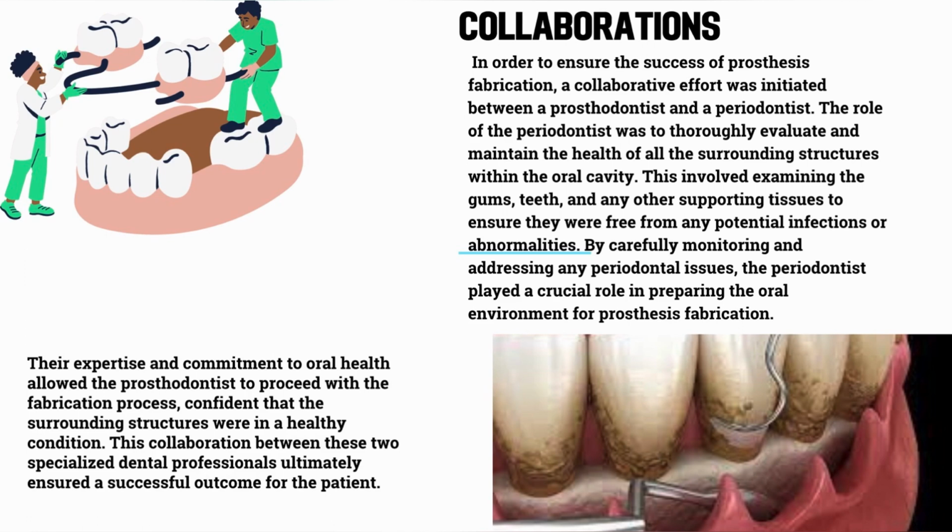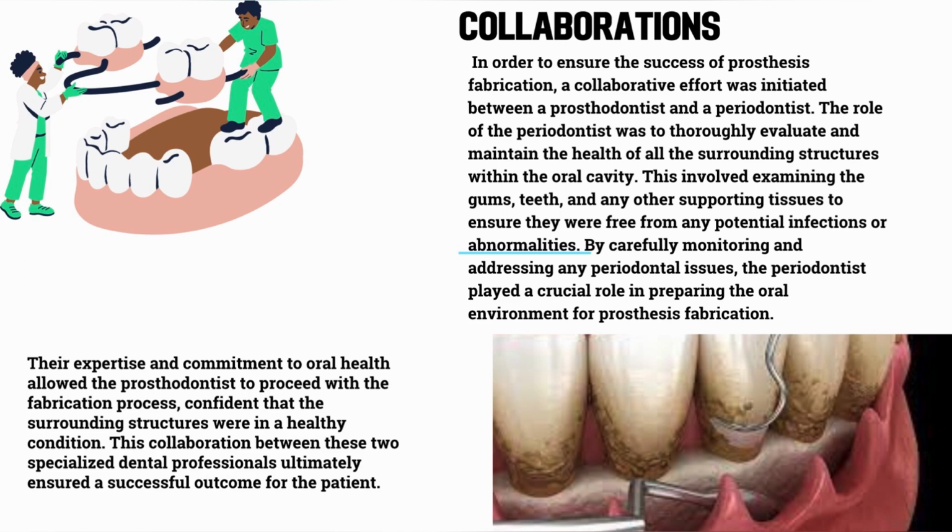For the collaborations, two interdisciplinary approaches were made, and these were a prosthodontist and a periodontist who were involved in making this treatment successful. The role of the periodontist was to thoroughly evaluate and maintain the health of the surrounding structures. In what way?